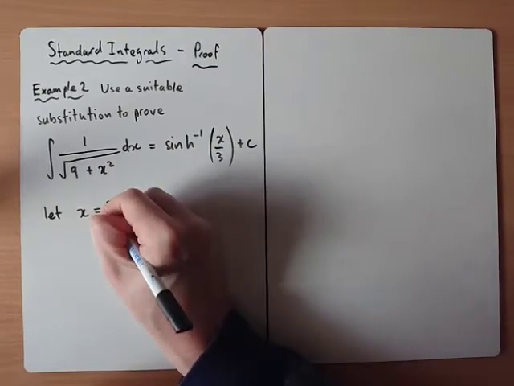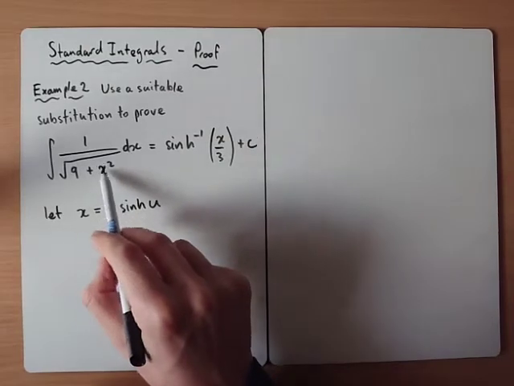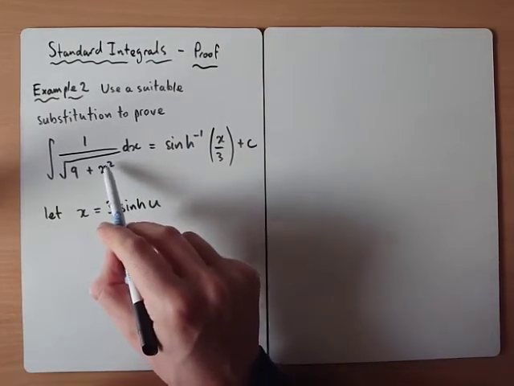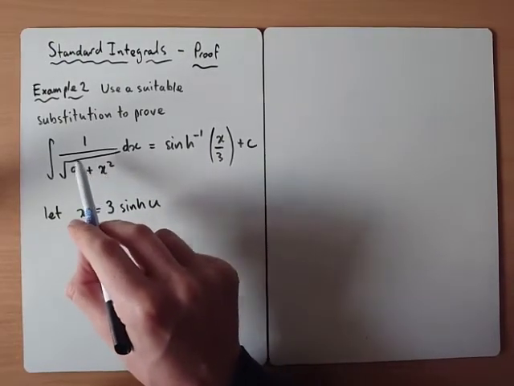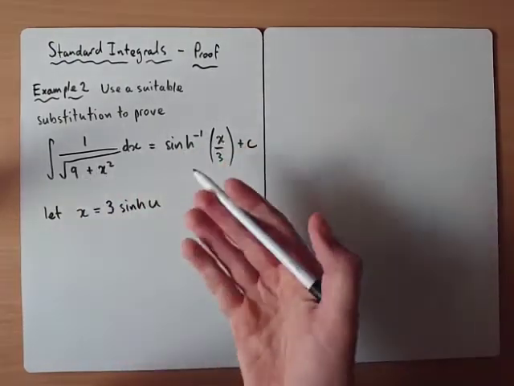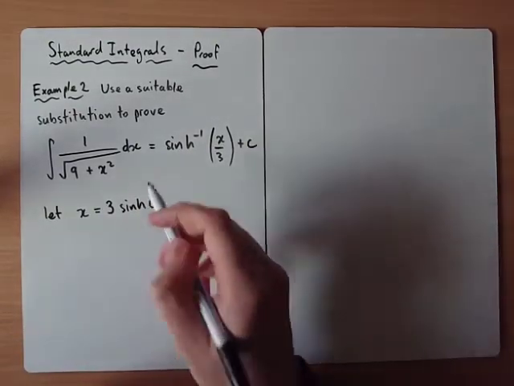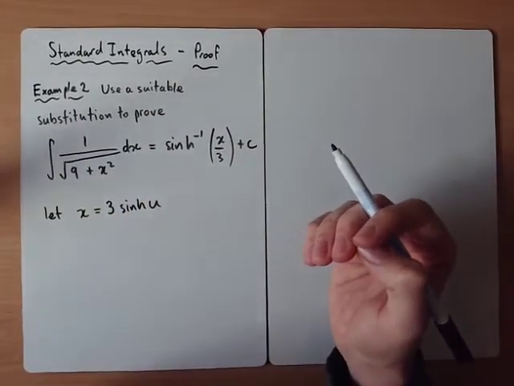We need to let it equal 3 sine, because if we let it equal 3 sine, when we sub it in here, we'd get 9 plus 9 sine squared. And because they've both got a factor of 9, you can take it out, and then you've got 1 plus sine squared, which allows you to use the identity, doesn't it? And then we can tidy the square root up. So I have one idea on what's going to happen when you decide what your substitution is going to be.